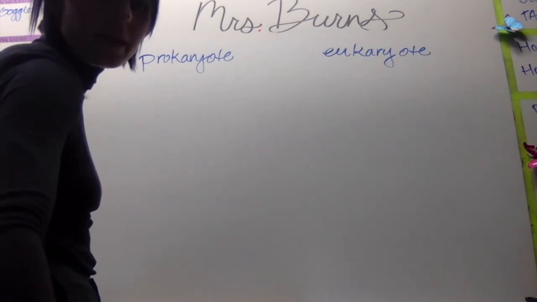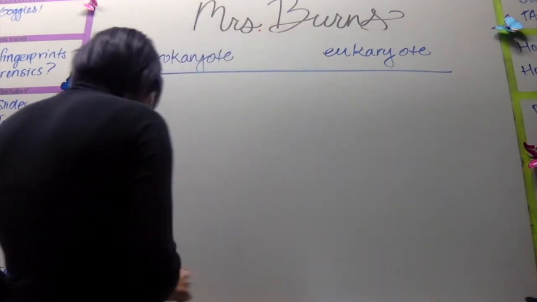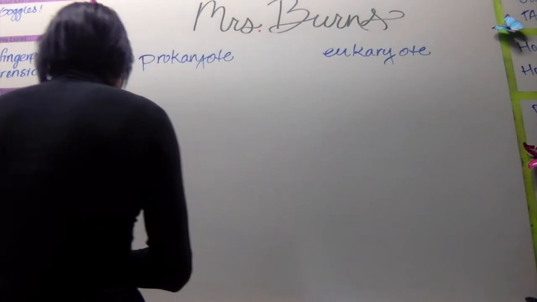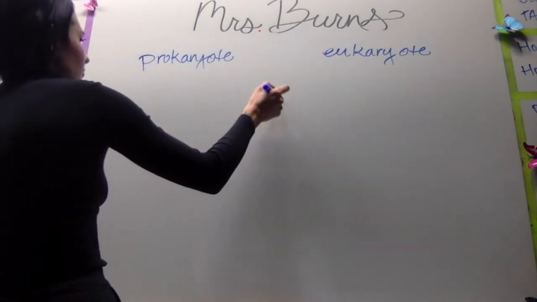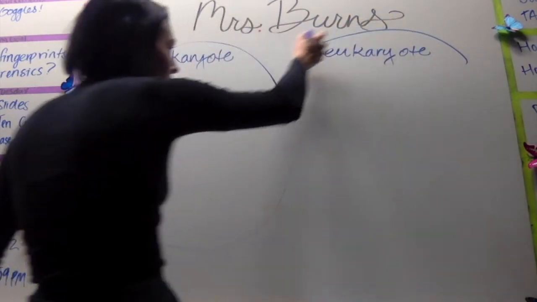Perfect. So this will allow me to answer kind of the first four questions here just in this. Let's do a Venn diagram. We haven't drawn a Venn diagram in class yet, but they're really helpful. So we'll do prokaryote and eukaryote.